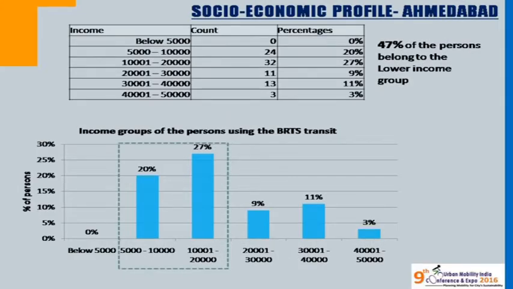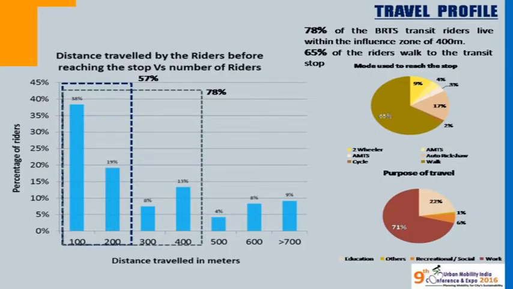If you look at the socioeconomic profile, around 47% of the persons that use the BRTS belong to a lower income group, ranging from around 5,000 to 20,000 rupees per month. In the travel profile, around 57% of the people using those BRTS stops came from a 200-meter radius, and around 78% came from the 400-meter radius, so it sort of proves the earlier point.